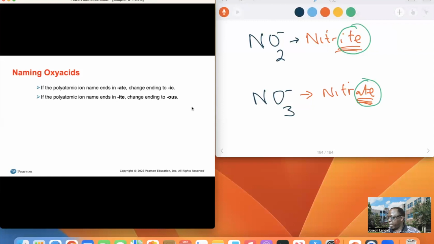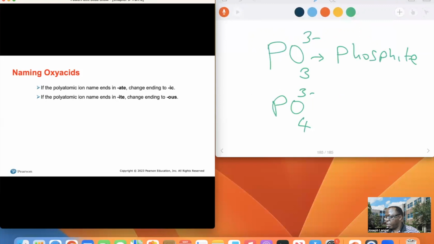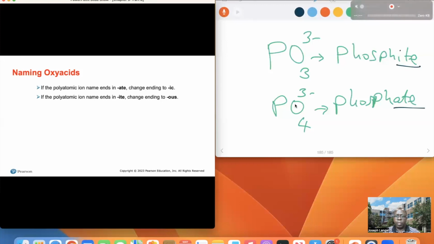So you have to go back again. If you have something like PO3 with the 3 negative, and PO4 with the 3 negative, this is phosphite, ITE, and this is phosphate, ATE. You need to learn them. How you name the acid will depend on the polyatomic ion.